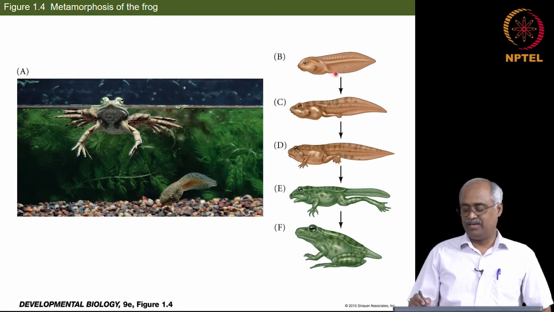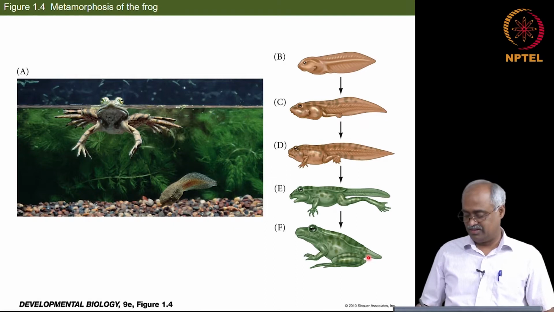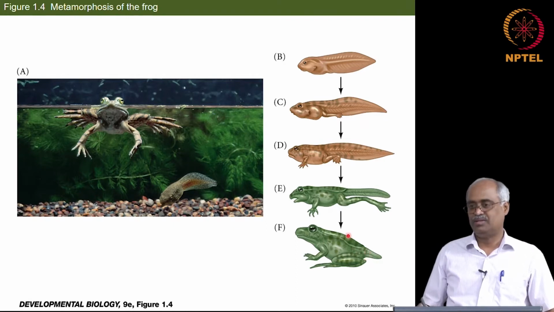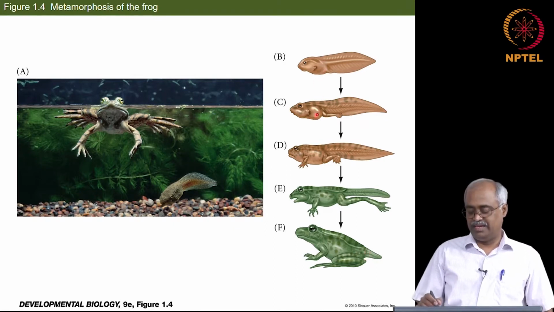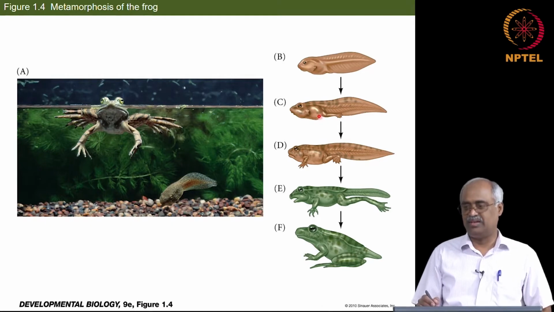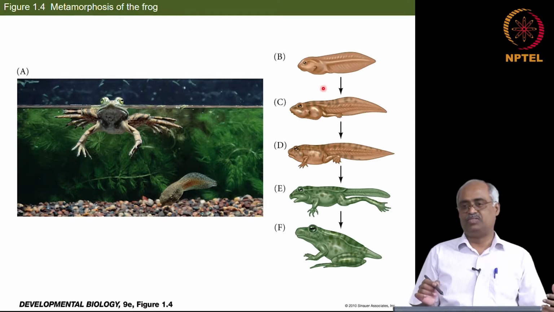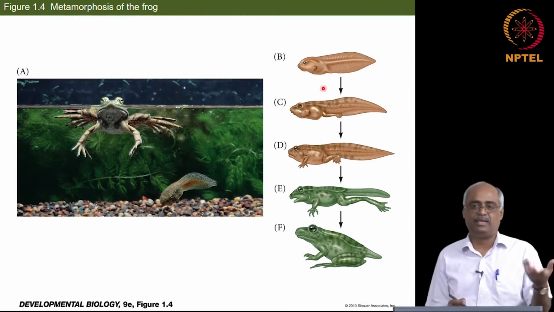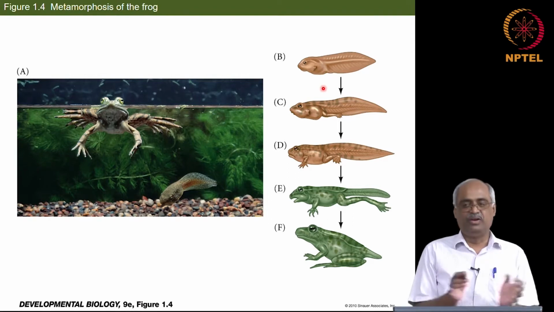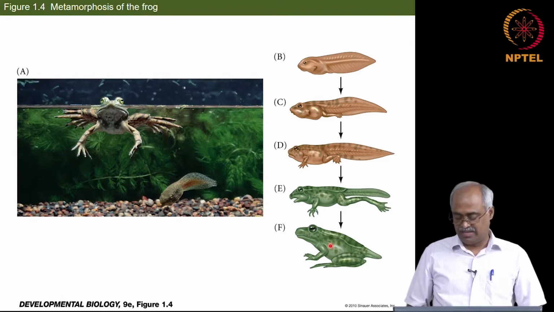It has a big fin-like tail, and that is going to slowly regress into the frog one, and it has gill-like structures for respiration inside the water, and that is going to shrink, and then a lung is going to expand. And this has a big digestive system which is characteristic of any herbivore, and that is going to become smaller and become like that of the carnivorous frog.